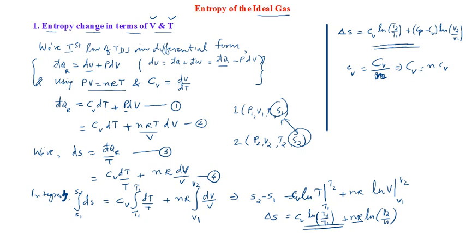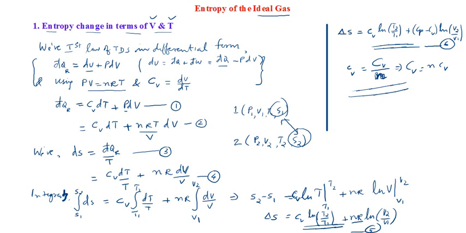If you write it like this, let me call this equation number 5, and let me say that this is equation number 6. You can make changes by using this relationship. Wherever you find capital Cv, you can write n into small cv, and wherever you find capital Cp, you can write n into small cp, and rewrite that equation.